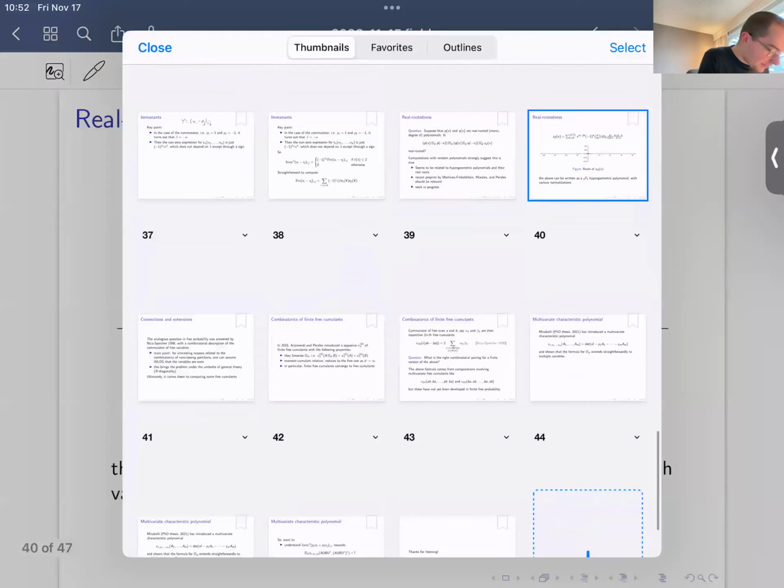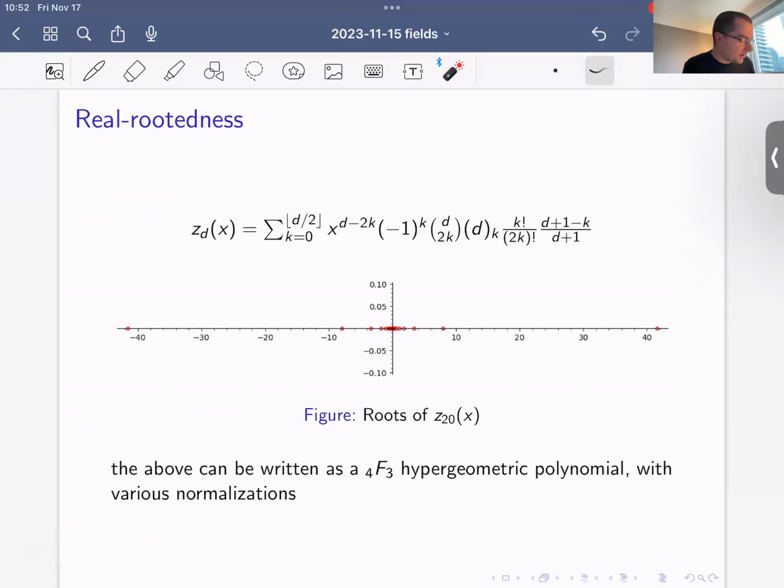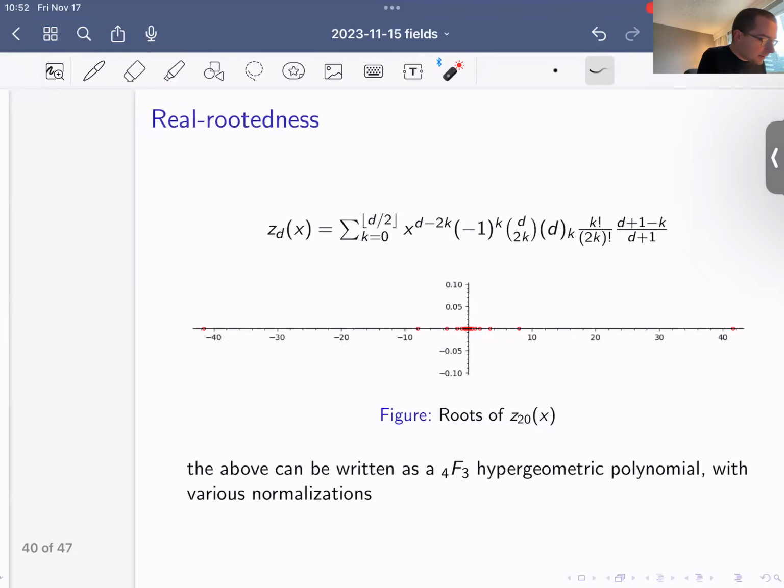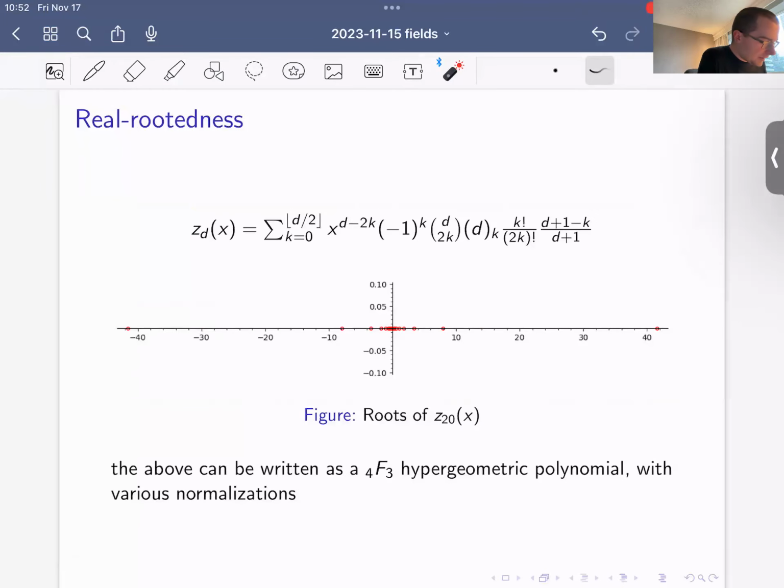Another thing that I should mention is this polynomial Z. If you remember, this is the universal polynomial here that does not depend on P and Q. The way that I wrote it down in my paper is essentially like this.